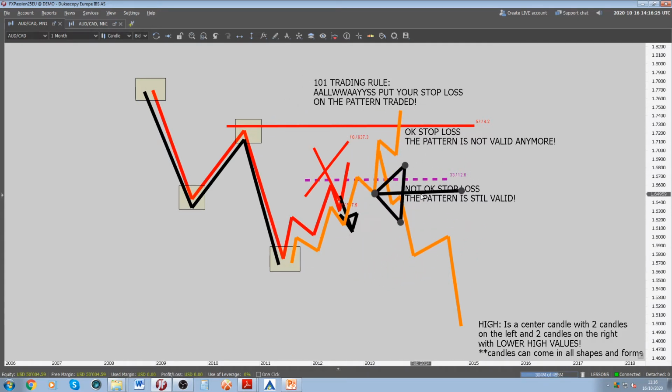We are shorting the market in this example. We put the stop loss above the high, not the pattern, but above the high. The market stops us out on our wrong stop loss level, and then the market reverses and goes our way. True or true?